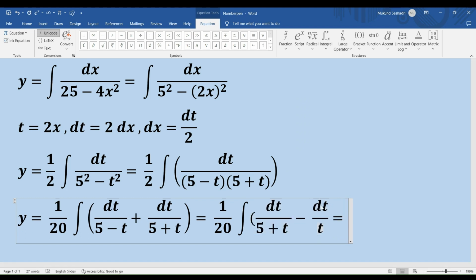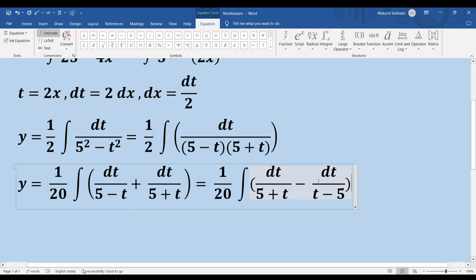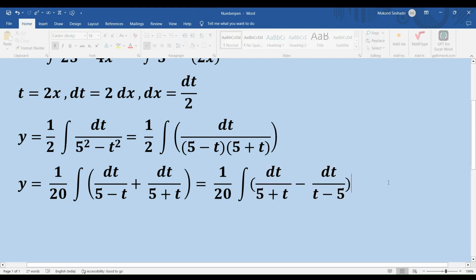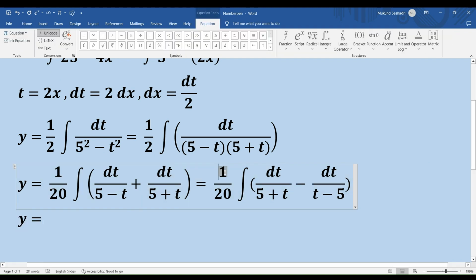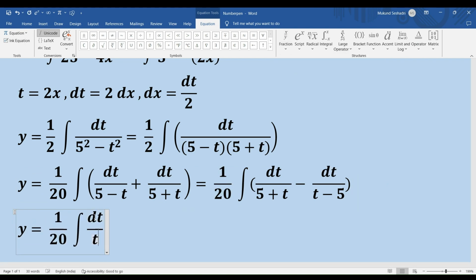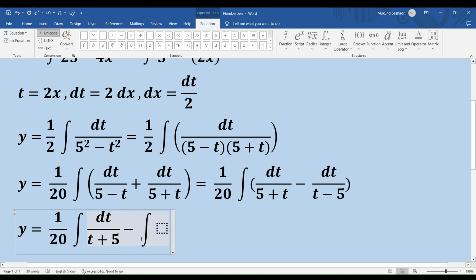The answer is no. So this is what I have, and this is not very difficult because I can see that we have integral of a minus b, which is nothing but integral of a minus integral of b, which means I can rewrite my y as 1 by 20 times, and you have two integrals now, integral of dt by t plus 5 minus integral of dt by t minus 5.